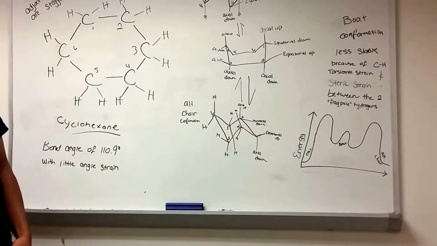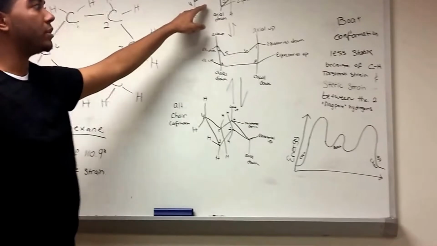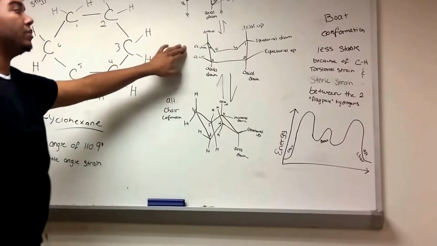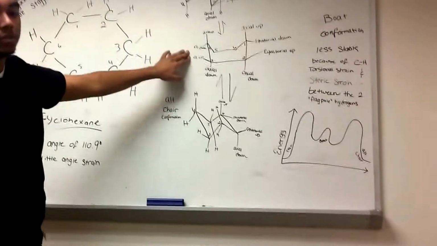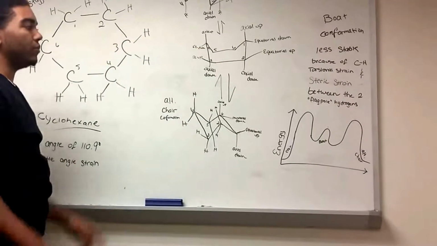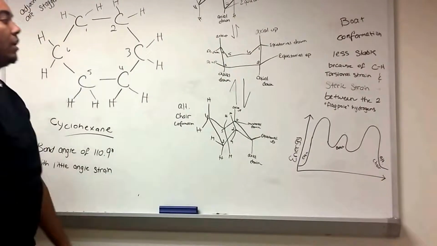Chair conformations generally have little strain. With a bit of twisting on the carbon-carbon angles, it will turn into a boat conformation, which is generally less stable due to the torsional strain between the carbon-hydrogen bonds and the steric strain between the two flagpole hydrogens, which would be at the axial up positions.